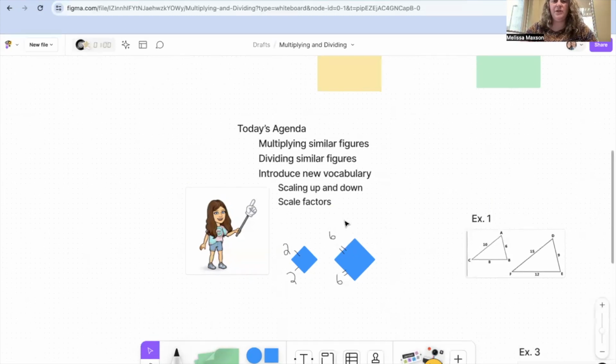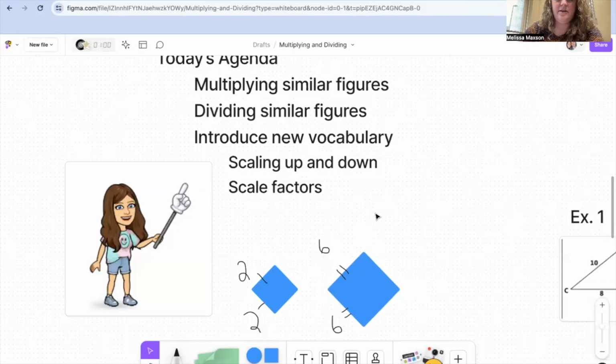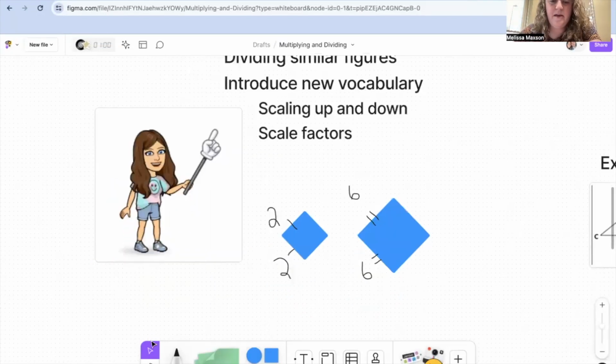So we're going to start right here. You'll notice that we have one smaller square on the left, and both of their side lengths are 2. They're equal to 2. Now, normally when we work with these, you'll see us start working with inches, feet.